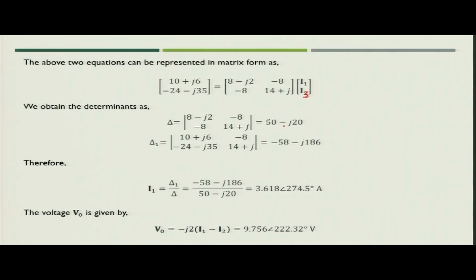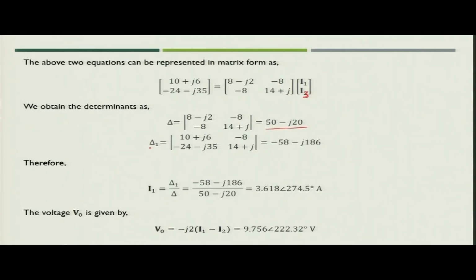Now, if you solve for I1, what you will do? You will first find the value of determinant, that is 8 minus j 2 and minus 8 and 14 plus j. The value of this determinant will be 15 minus j 20.